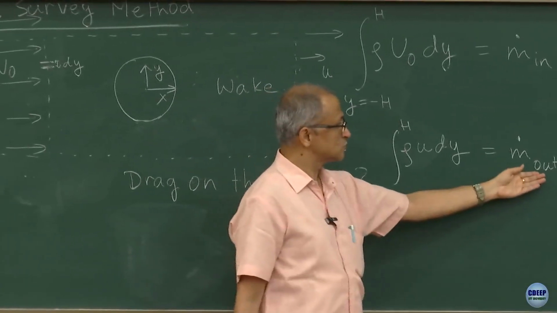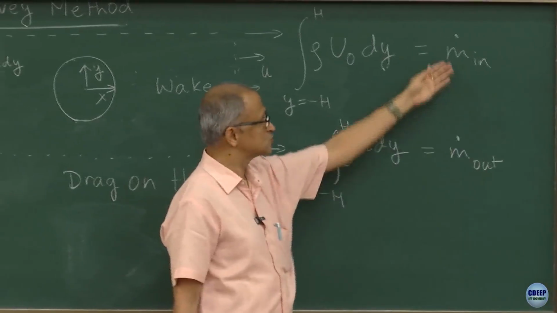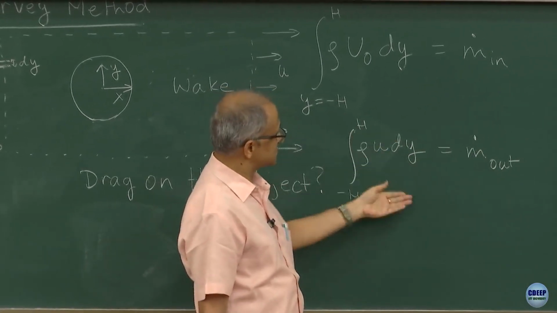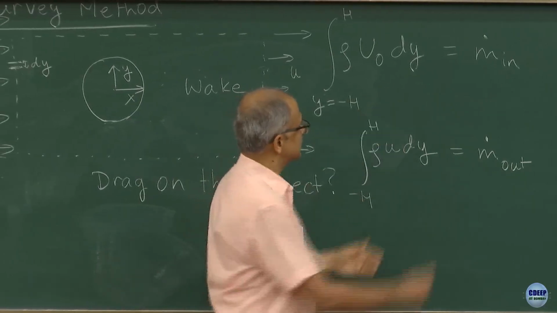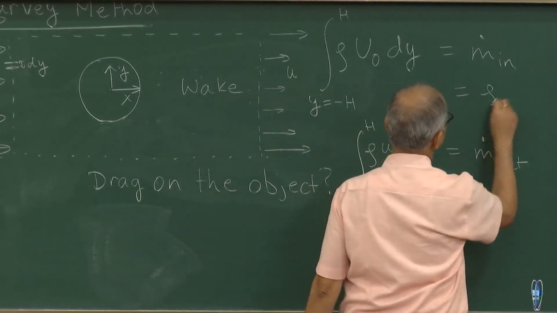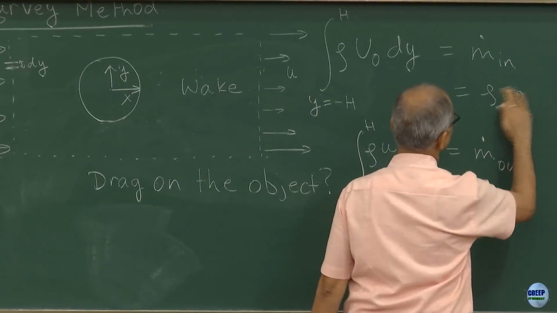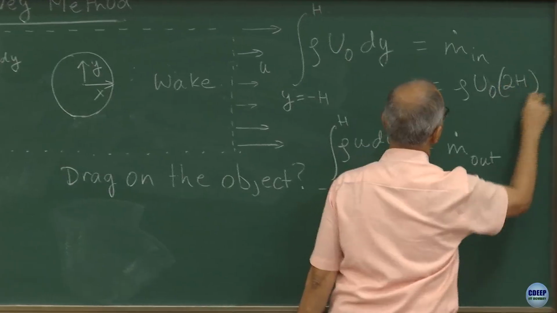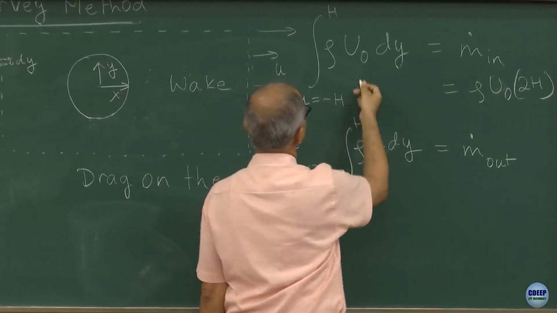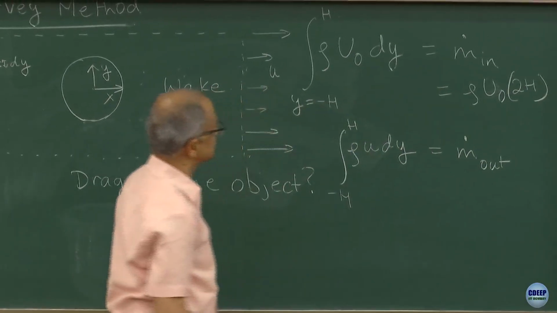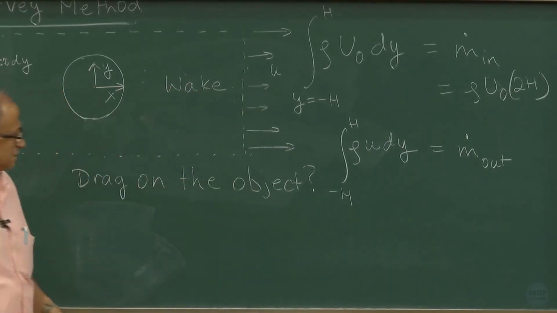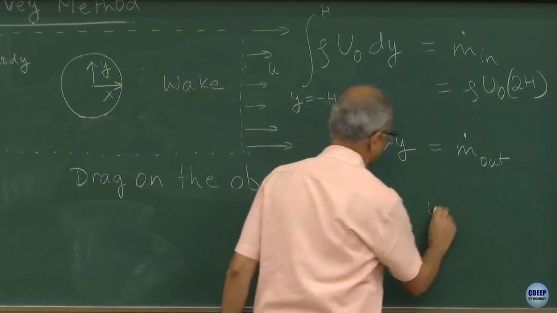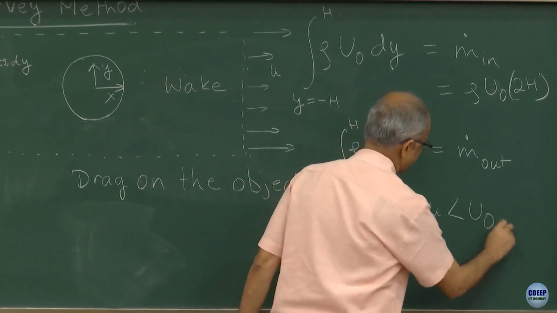If I do an integral like this, okay, the mass that I am going to get, you can just look at the value of the two masses. So, the value of the mass that I would get here, I can simply integrate it and say it is rho times u naught times 2h, okay, because velocity is just uniform. I can just take it out of the integral. Here velocity is not uniform, but I know that u is less than u naught.